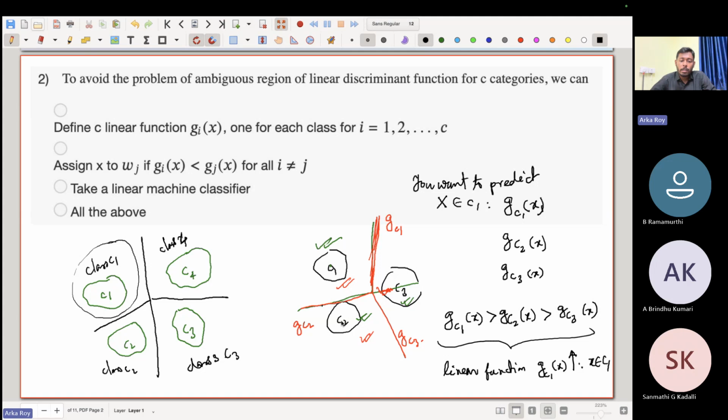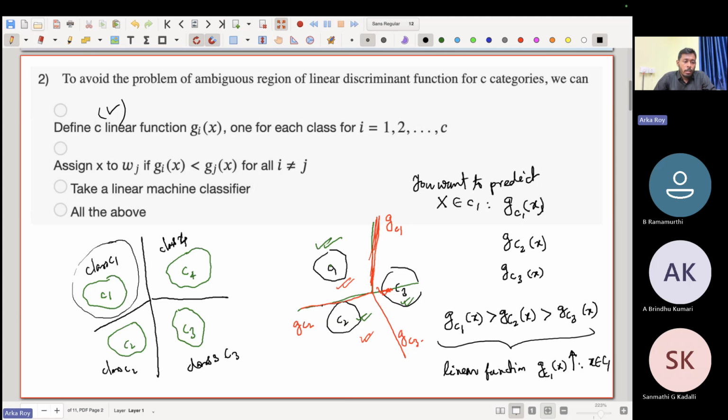In this case also, you have three classes, so to rely upon an unambiguous region of classification, you have to have three decision boundaries. Therefore this statement is correct, because they are saying define C number of linear functions Gi for each of the classes. We have already said that if you have C classes, there will be C such discriminant functions. So this is a correct option.